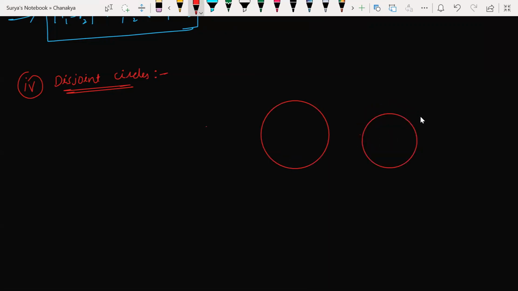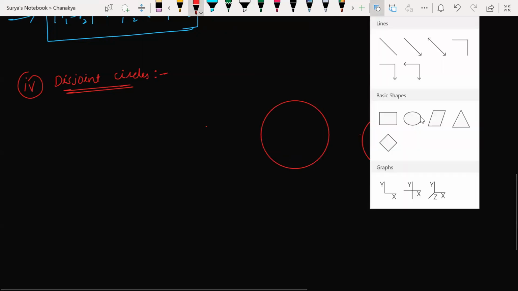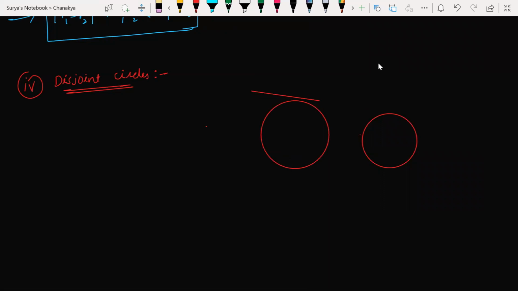All right, so disjoint circles are nothing but circles that will not intersect anywhere. They will not be joining anywhere. So how many common tangents could I draw here? One? Is this one common tangent?